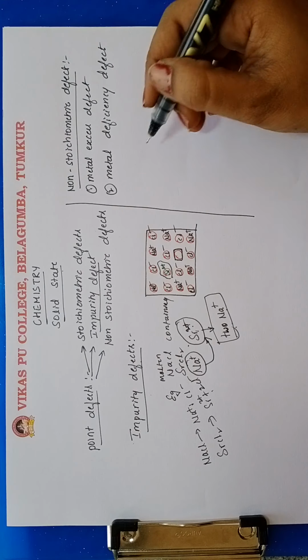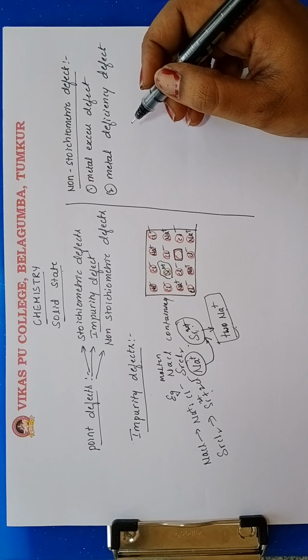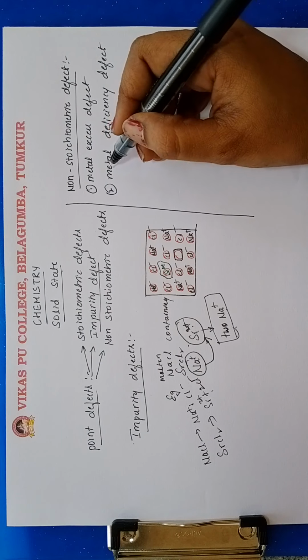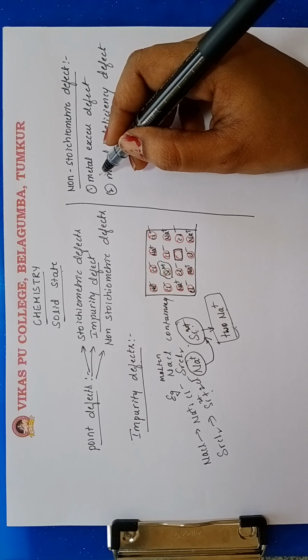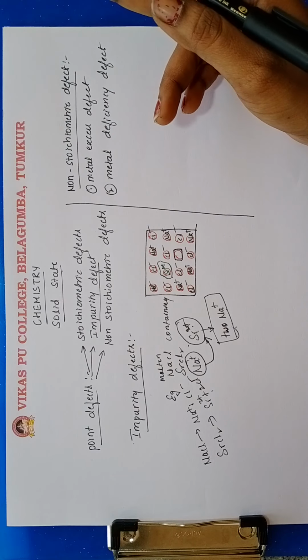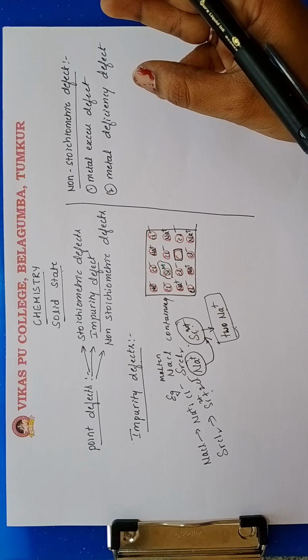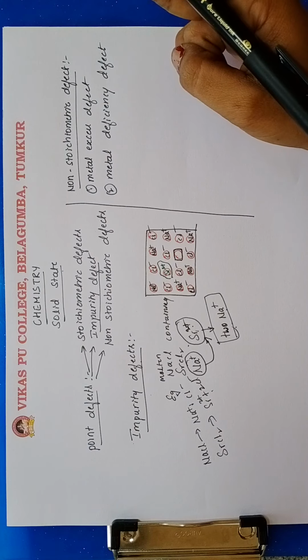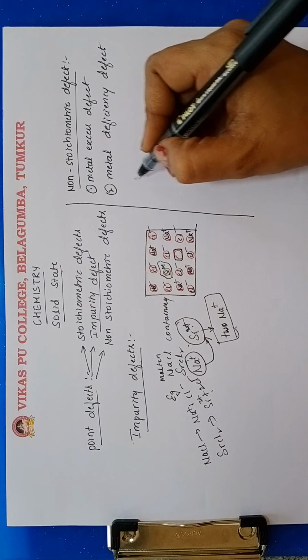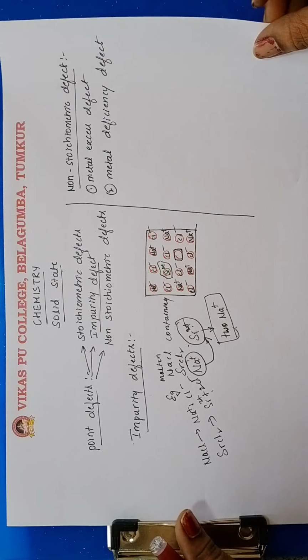Now we are going to discuss the metal excess defect. The metal excess defect arises in two ways: either due to anionic vacancies or due to the presence of excess cations.